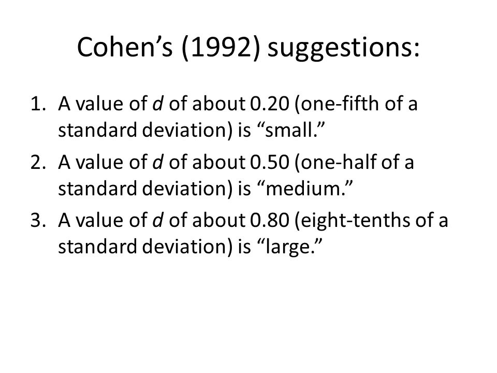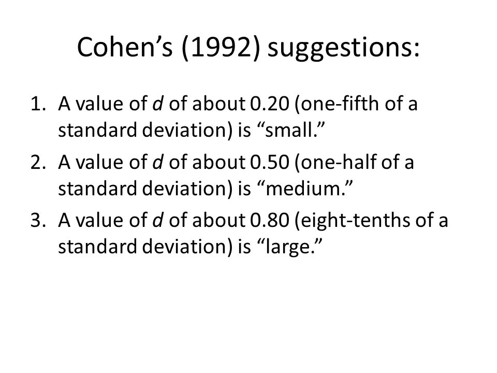If we do research and we find the value of d at about 0.20, we would say that was small. A value of d of about 0.5, about 1/2 of a standard deviation, is medium.